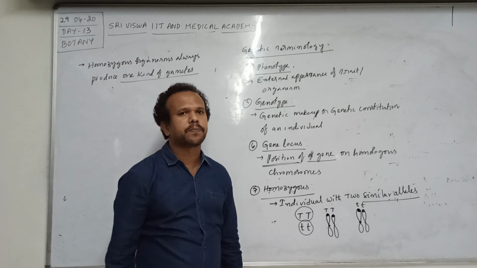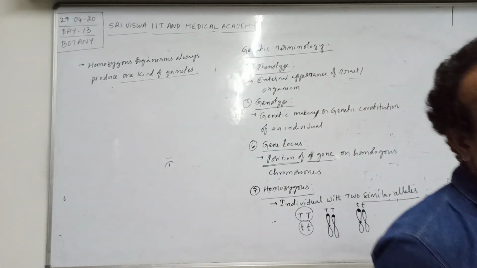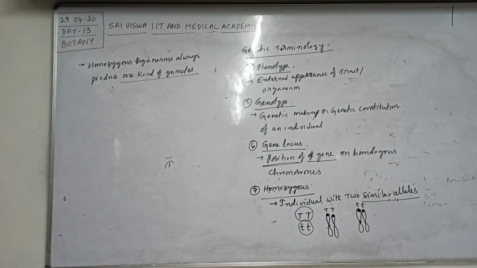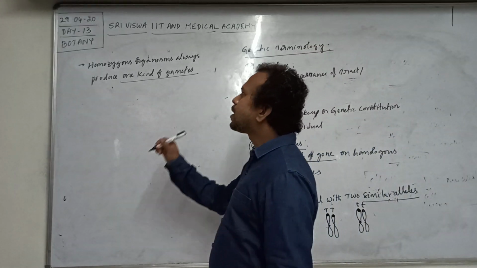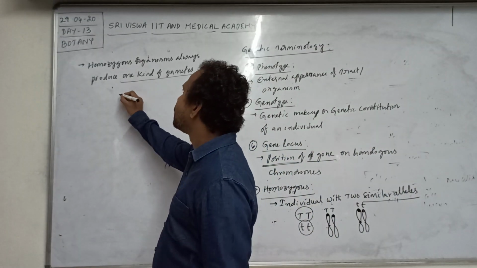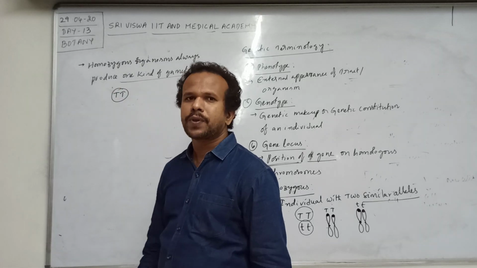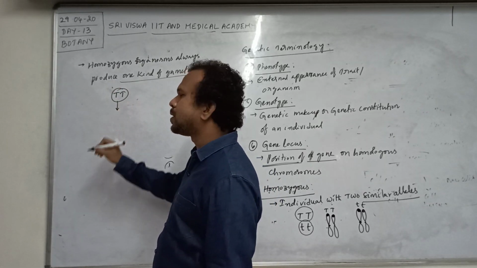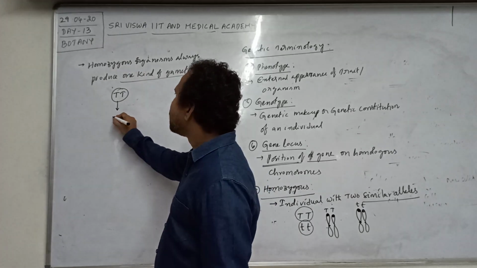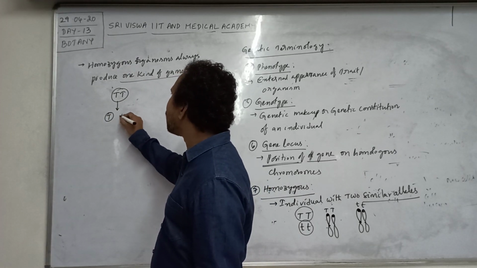Very important. A homozygous individual always produces only one kind of gametes. For example, with reference to capital T individual, whenever meiosis takes place in this individual, it results in the formation of gametes.